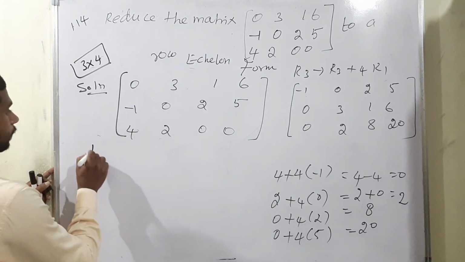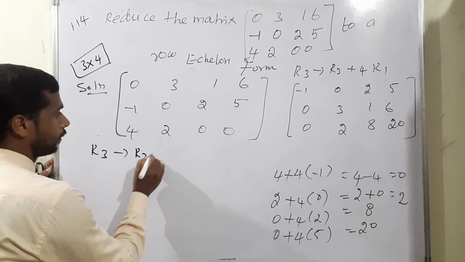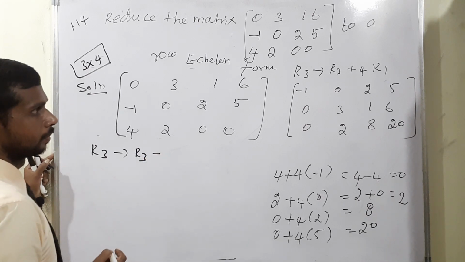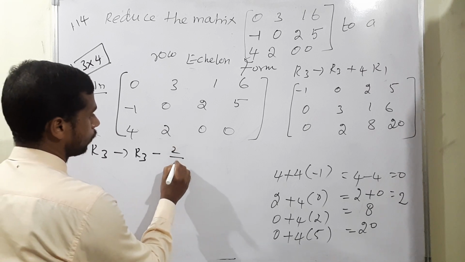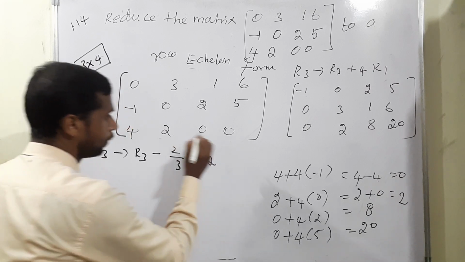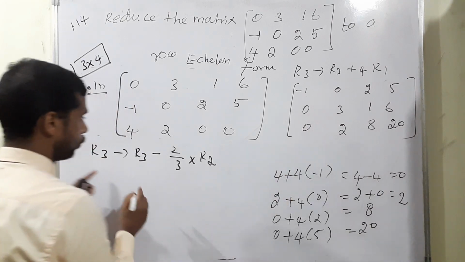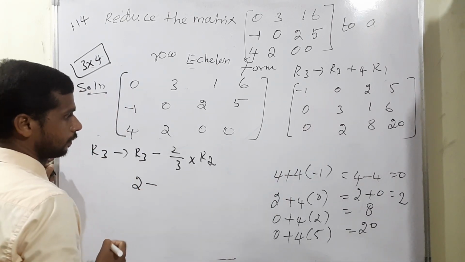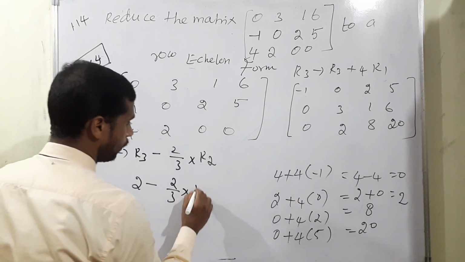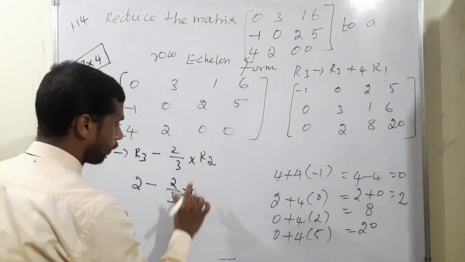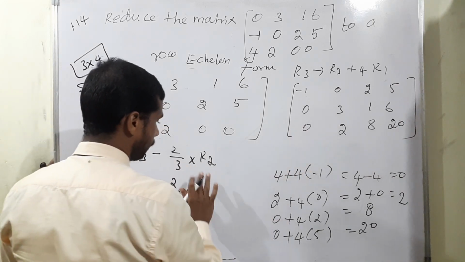Just comparing again, R3 minus 2 by 3 into R2, possible. So R3, what is the value? 2 minus again 2 by 3 into R2. Yeah, possible, no? R2, what is the value? 3 is there. Sorry my dear, R2 value will be 3.